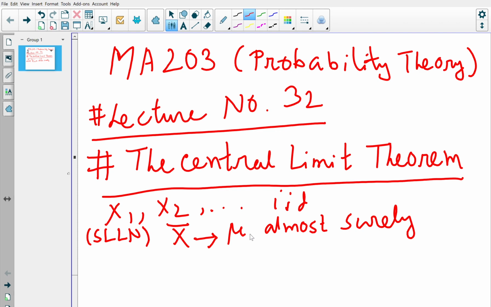Or in other words, x bar minus mu converges to 0 almost surely, which means with probability 1.